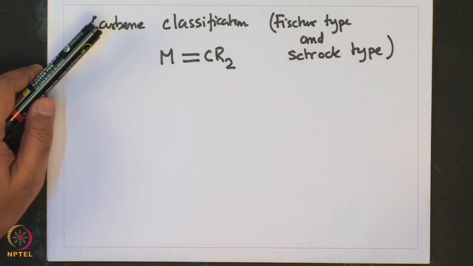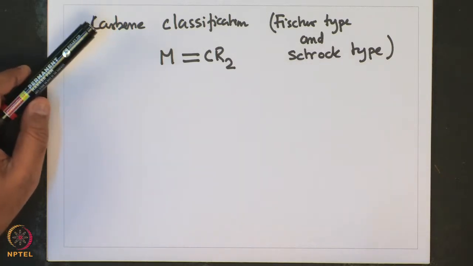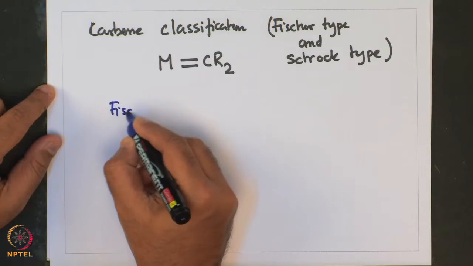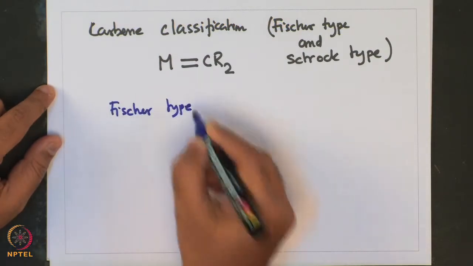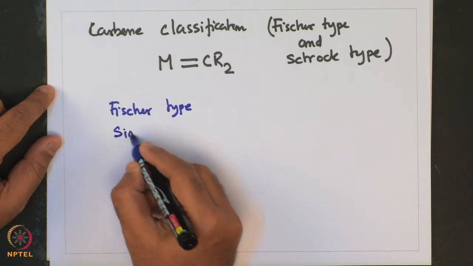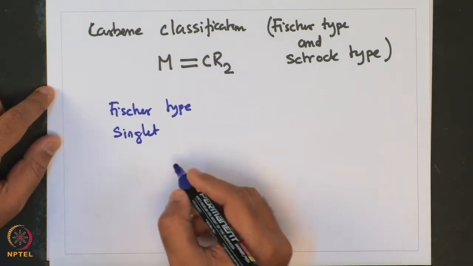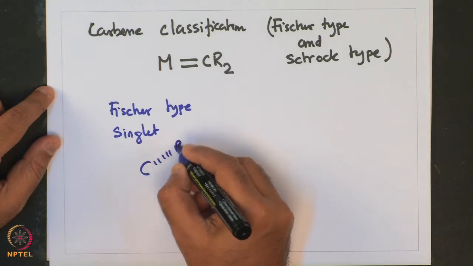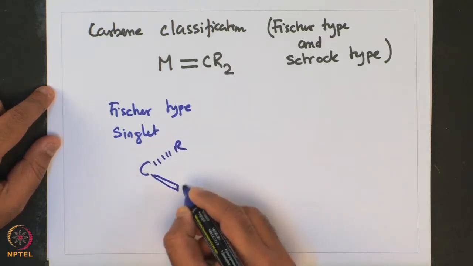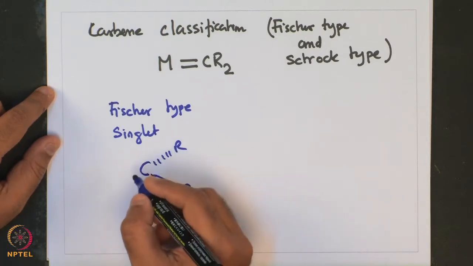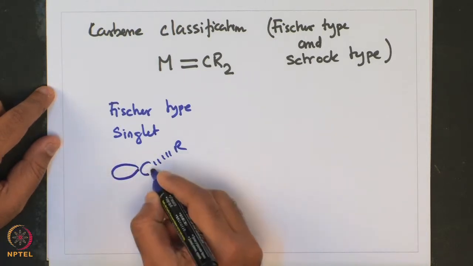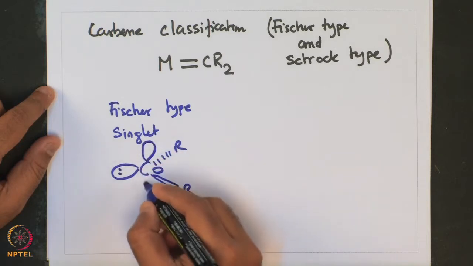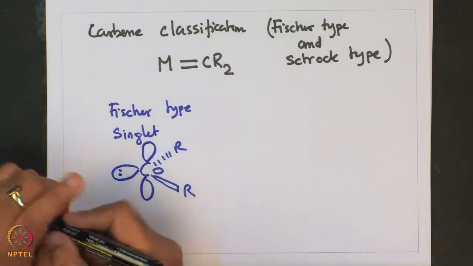And what has been found is that Fischer type carbene is mainly in the singlet state, where this CR2 moiety has two orbitals, one in plane which contains the electron pair and which is full, and the other which is out of plane which is empty.